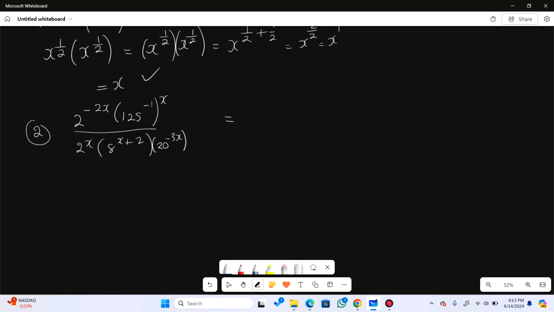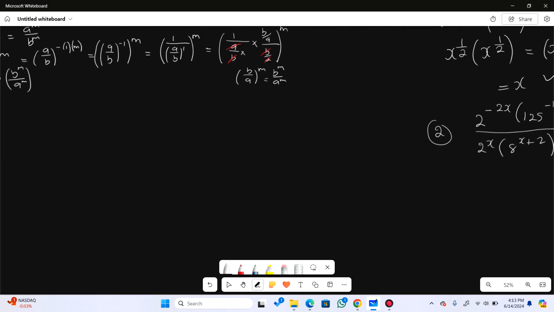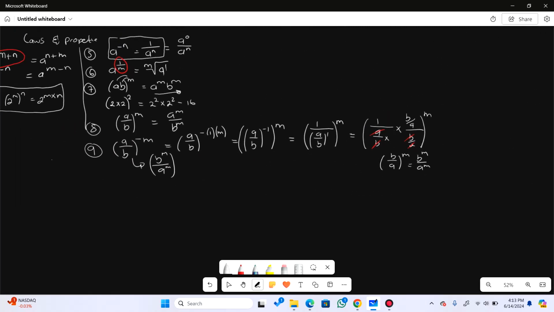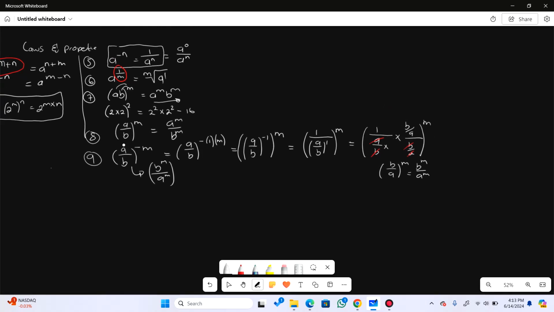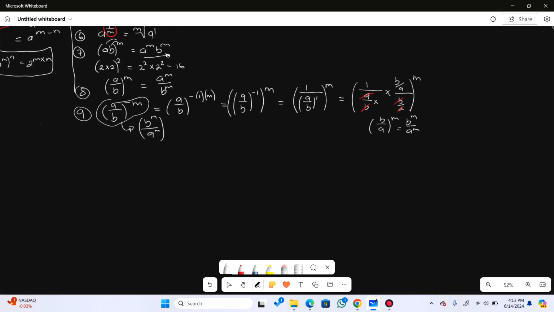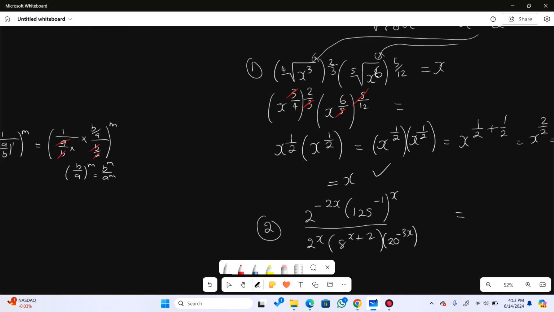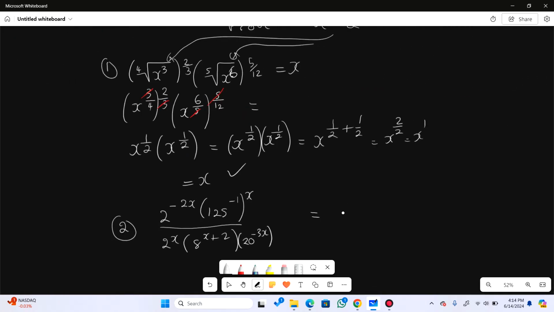So here again, saying simplify. Okay, so let's start with this one here. Looking at our properties, we can notice that we are dealing with property number 9. That means that this is the same as saying 2 over 1 raised to the power 2x.